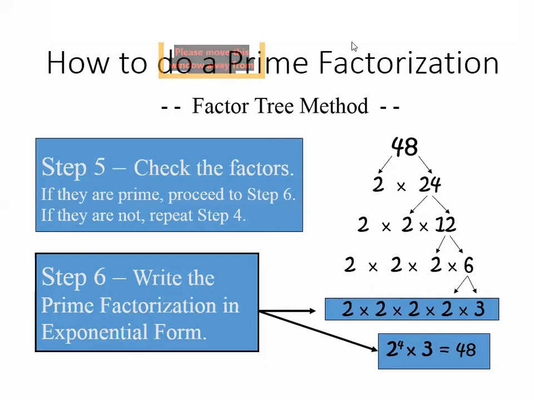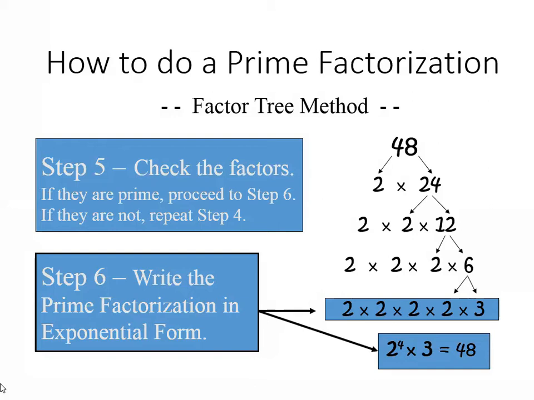But how can we find the product of 48? We have to write 2 exponent 4, and then multiply it with the other number, which is 3.